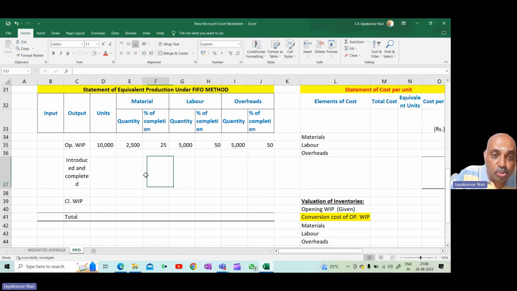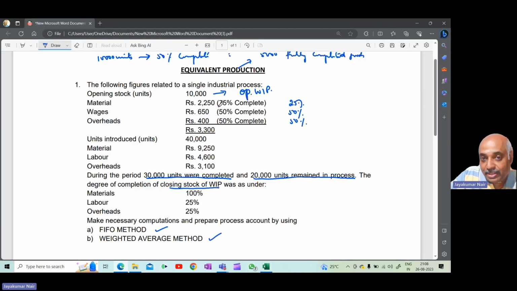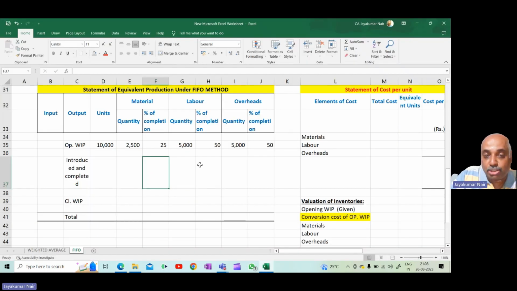So you know what portion was already completed in the previous accounting period. Now, how much you have to complete? 25% more you have to incur. Do you understand? You have to incur the processing cost to make the partly completed goods into fully completed goods.